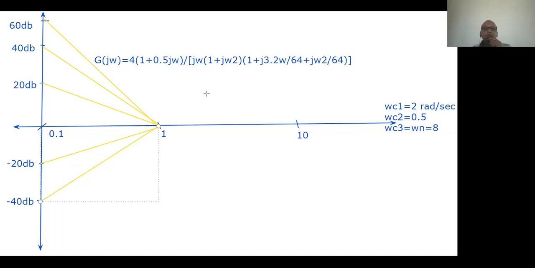the asymptotic plot for the factor 4 divided by j omega. 4 divided by j omega is a straight line. Again, mark it equal to say 12 dB. Okay, this is the 12 dB.